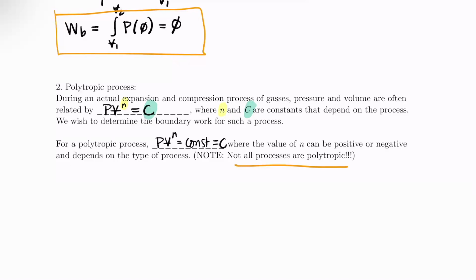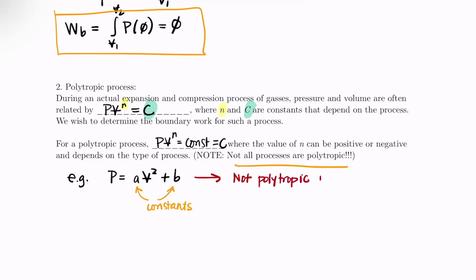So for example, if you had a relationship between pressure and volume that looks like this, where A and B are constants, if we have this form, then this is not polytropic if our B constant is not equal to 0.